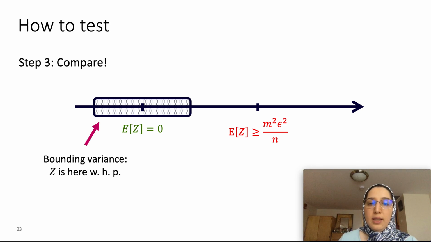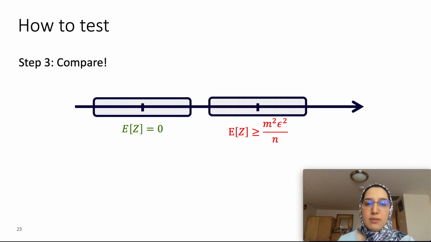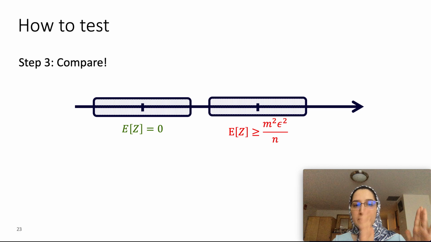The only thing we need to do in the next step is to bound the variance of the statistic Z. If we bound the variance, we can have a concentration, so we can say the value of Z will be close to its expectation in both cases.